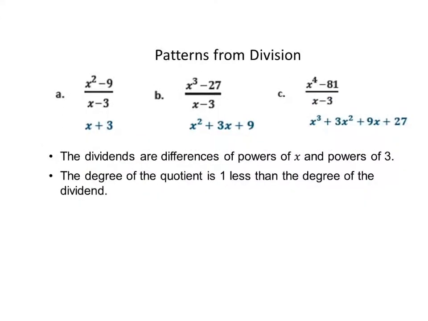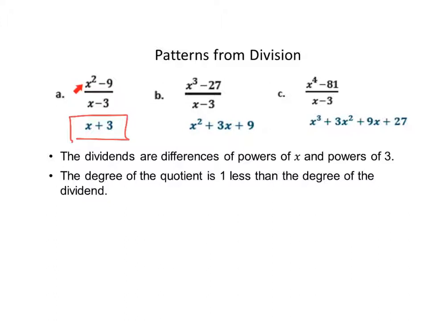The next observation is that if you look at each of these, look at this one. The degree of this quotient is 1 less than the degree of the dividend. So look at the quotient. This is x to the power of 1. This is x to the power of 2.